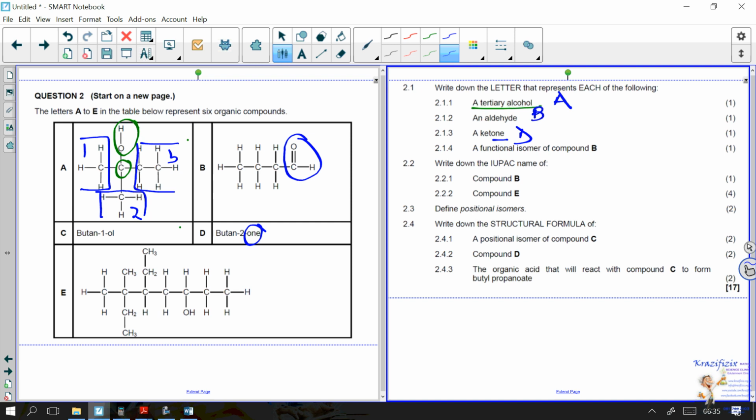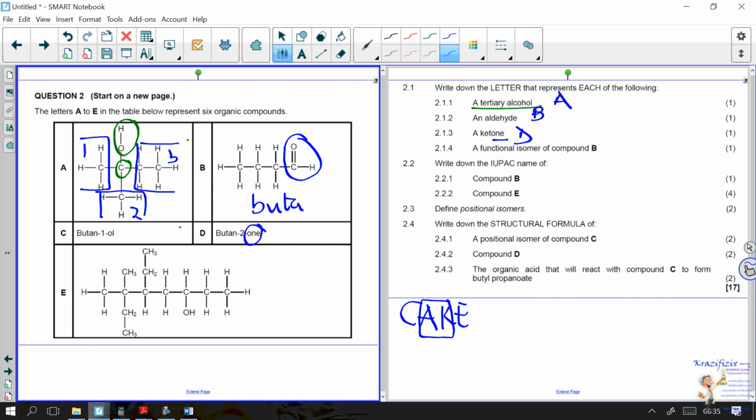A functional isomer of B. One thing you need to know about isomers, we use cake to quickly talk about isomers, functional isomers. Aldehyde and ketones are functional what? Isomers, as long as they have the same number of carbon atoms. Let's check this. This is butanal. So butanal will be an isomer. It's but, 4.